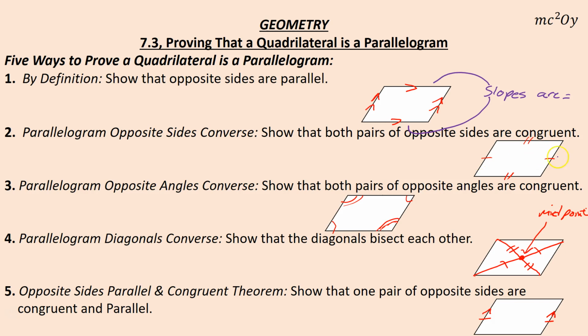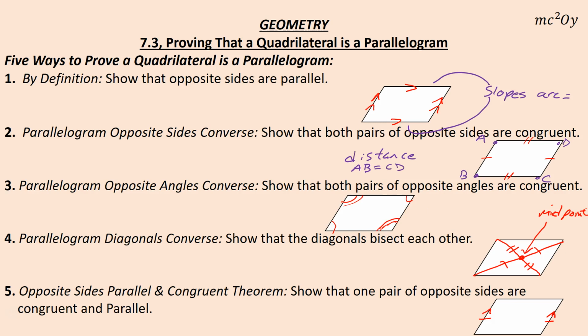Or opposite sides are congruent, so you could think distance. The distance from A to B would have to be equal to the distance from C to D. So think distance formula. Opposite angles congruent, so we'd actually have to know angle measures.